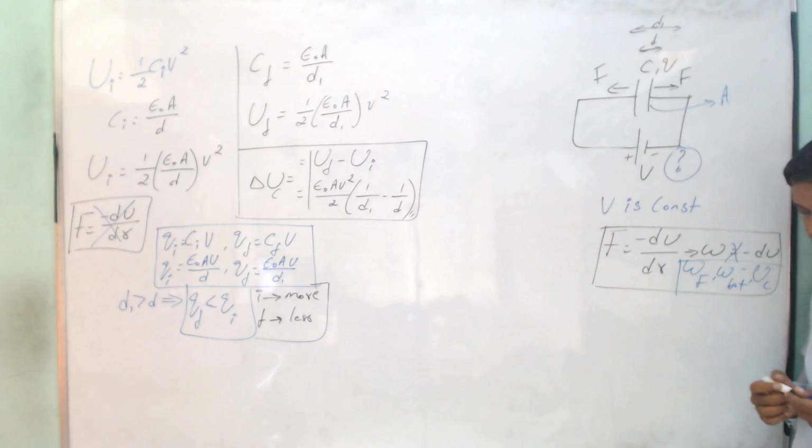Yes, sir. It means that potential over there is less. Potential difference over there, it will go from high potential to low potential. So it will be low potential there.